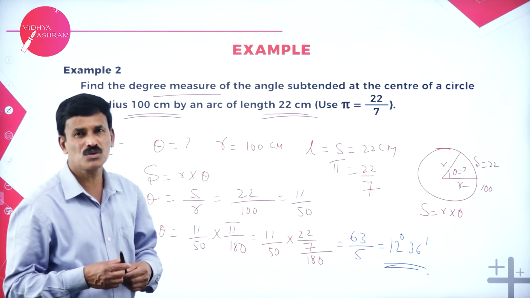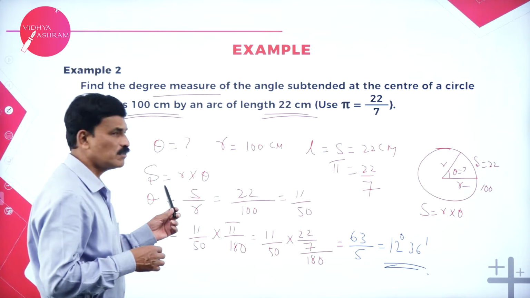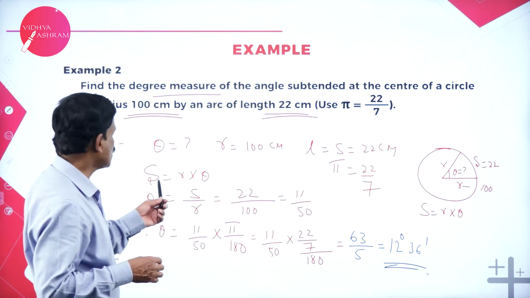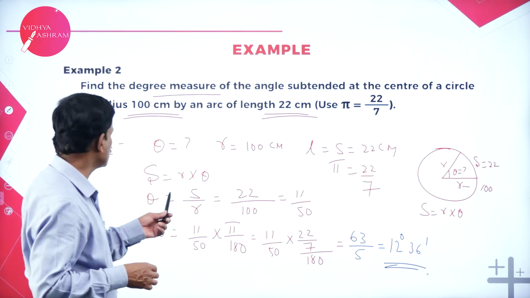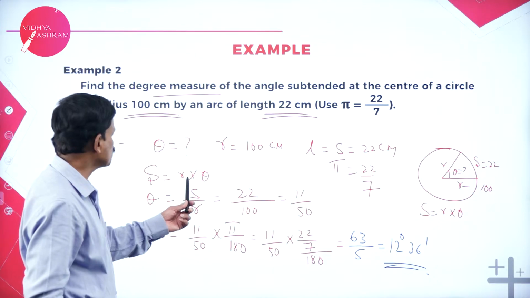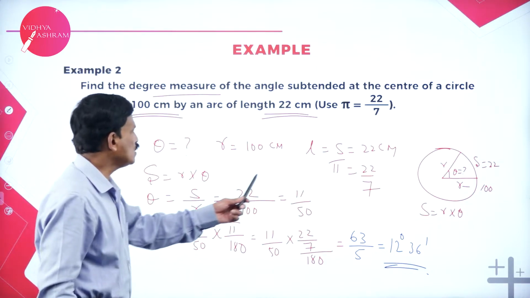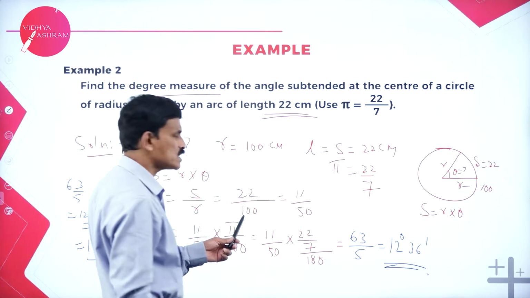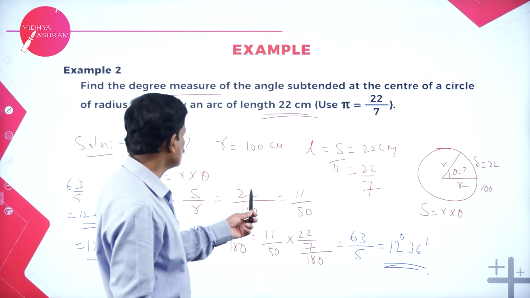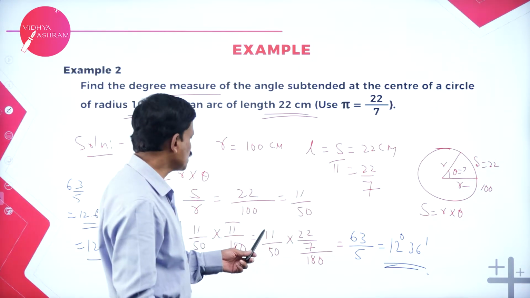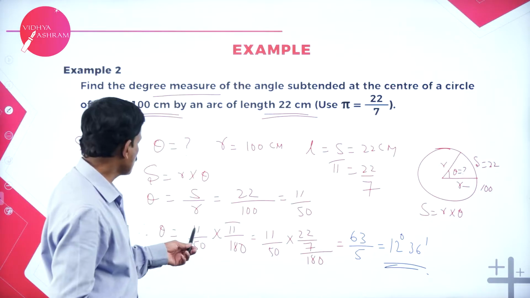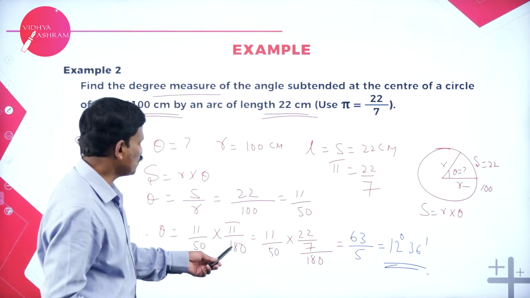Since S is equal to R into theta, theta is equal to S by R. Substituting, 22 divided by 100 is nothing but 11 by 50. Convert this into radians: 11 by 50 into pi by 180 degrees.